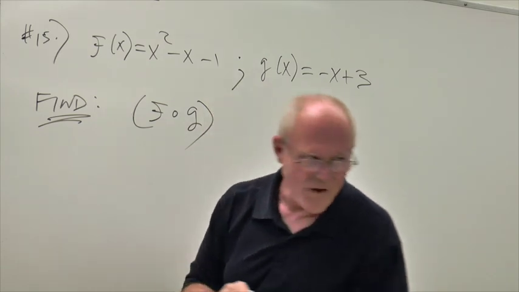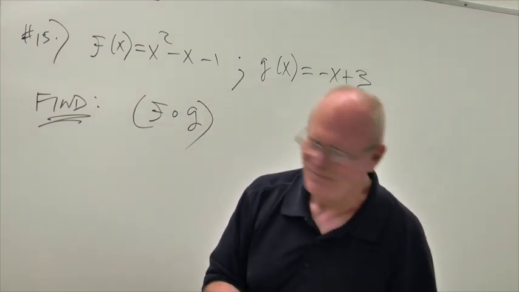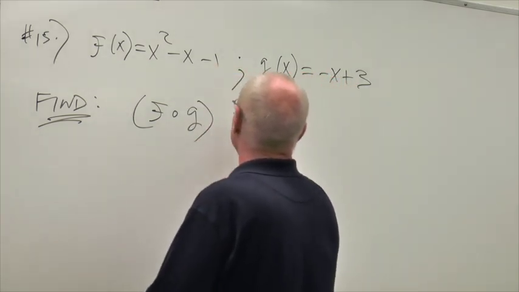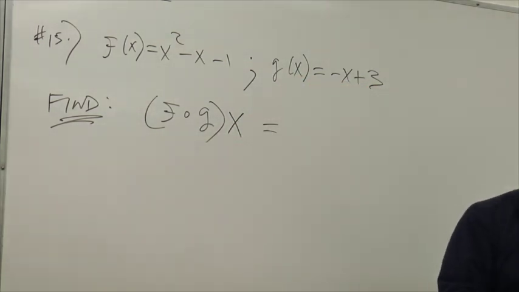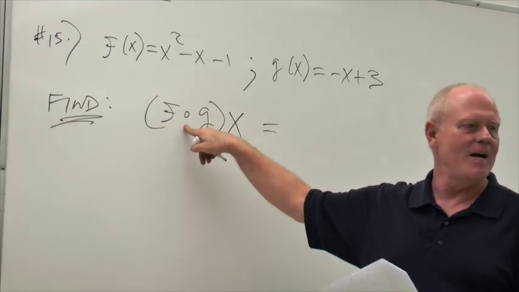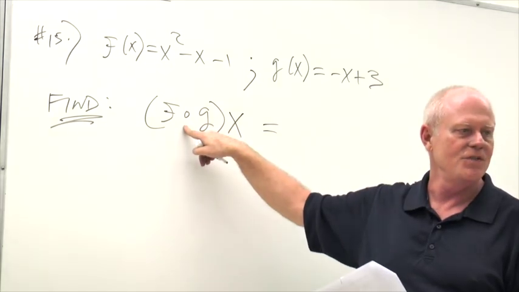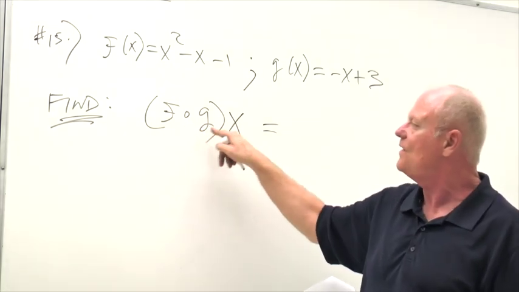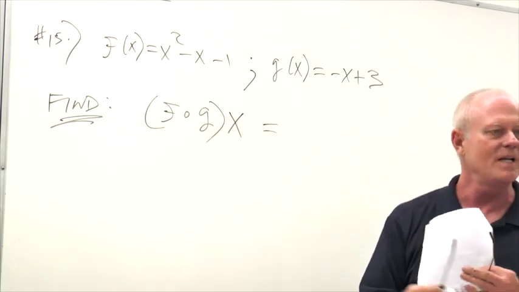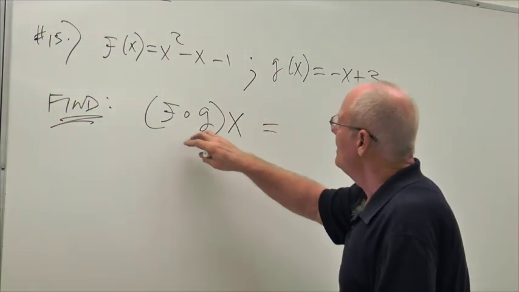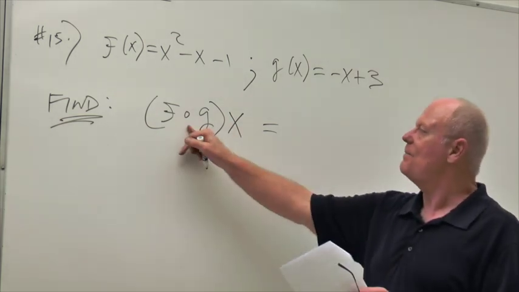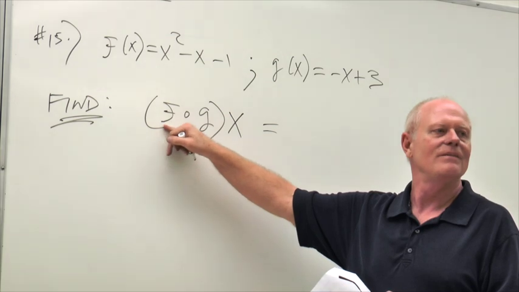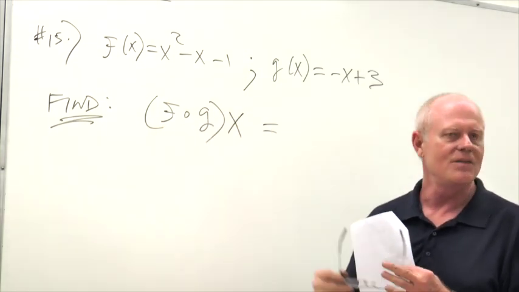You guys know what that is, right? What this is actually is a composition operator. The circle is a composition operator, right? And what you're doing is you're actually mapping this function onto that function, right? Okay, now, that's all nice, but most people remember f circle g, right? Find the composition of f and g with respect to x, okay?